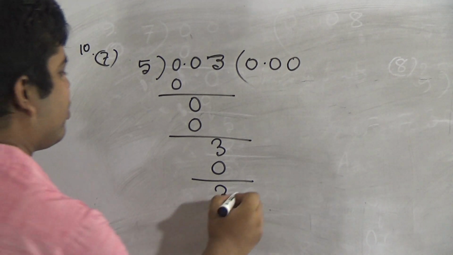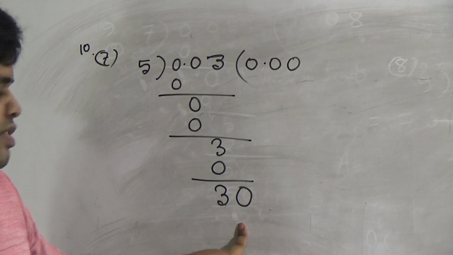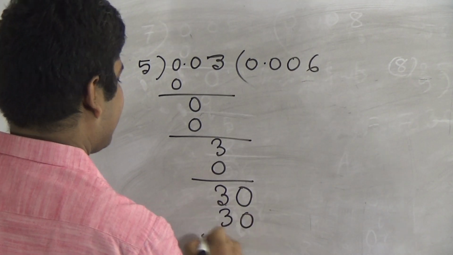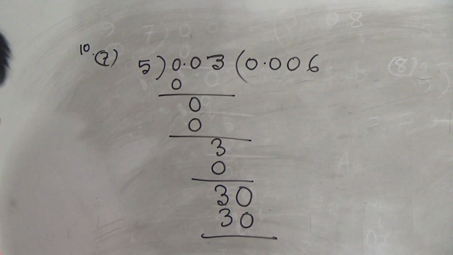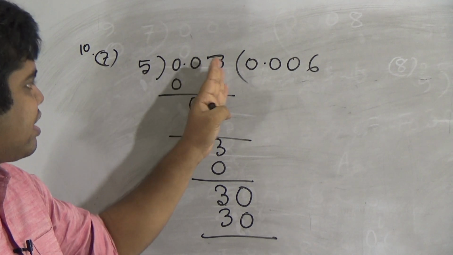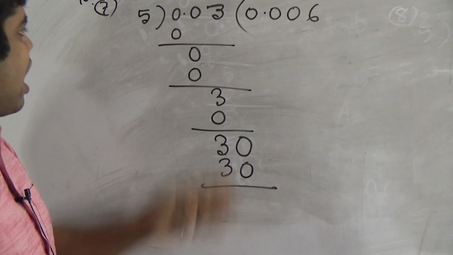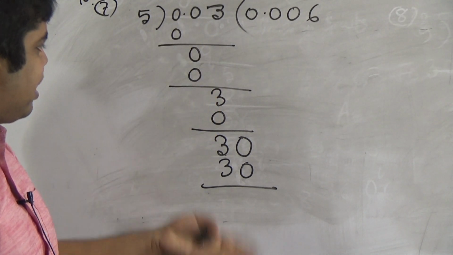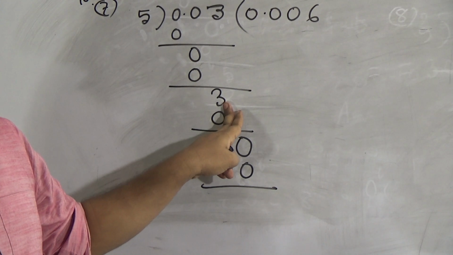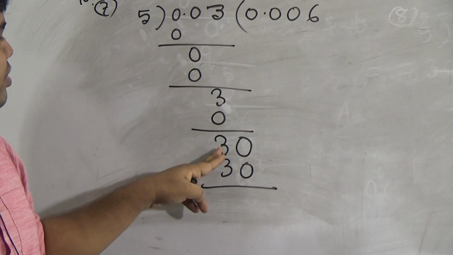And after 3, a 0 is placed here. In 30, 5 goes in how many times? 5 goes in 6 times. 5 sixes are 30. Dear student, you have a question: Sir, after this 3 there is no 0 but you write here 0. Why? Because we know that after the point we can take any 0. So in 3, 5 goes in 0 times, so 3.